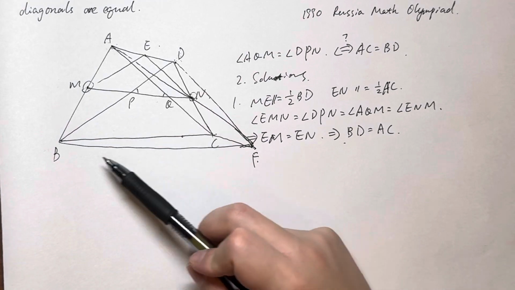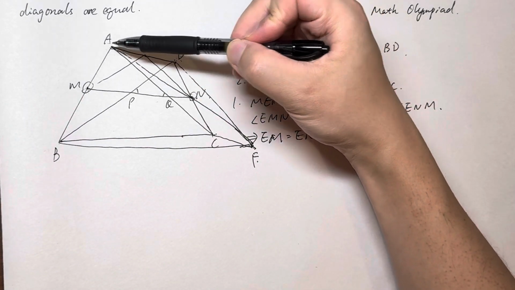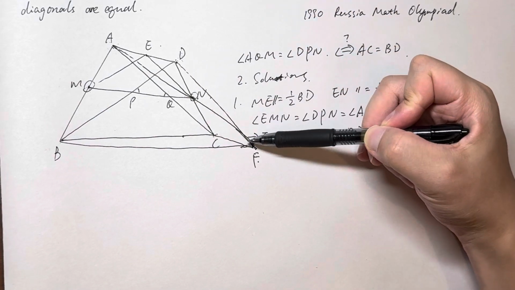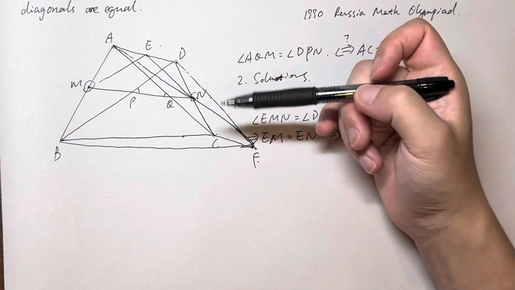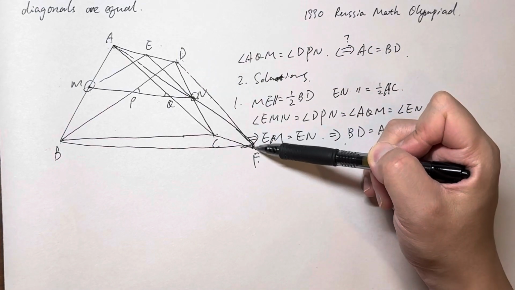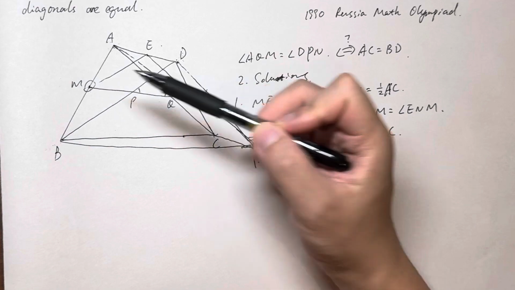So MN is parallel with BF, and we already know that AC is parallel with DF, which means that the angle DFB equals angle AQM.